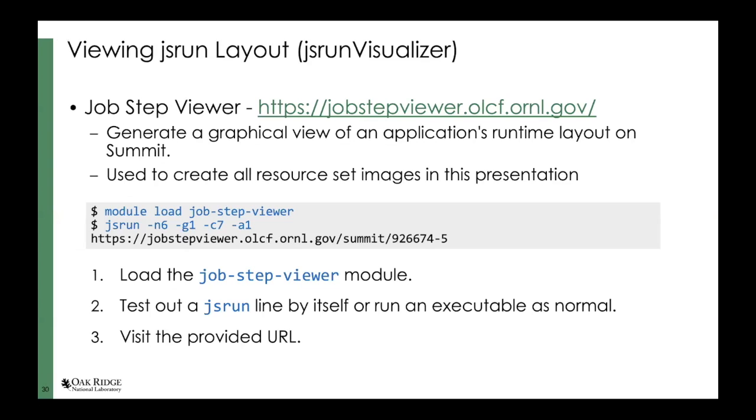All right, so the third example to look at is another method that we've created internally. This is a graphical tool called JobStep Visualizer. What this will do is, you simply load a module, which will set all the behind-the-scenes flags that you need.